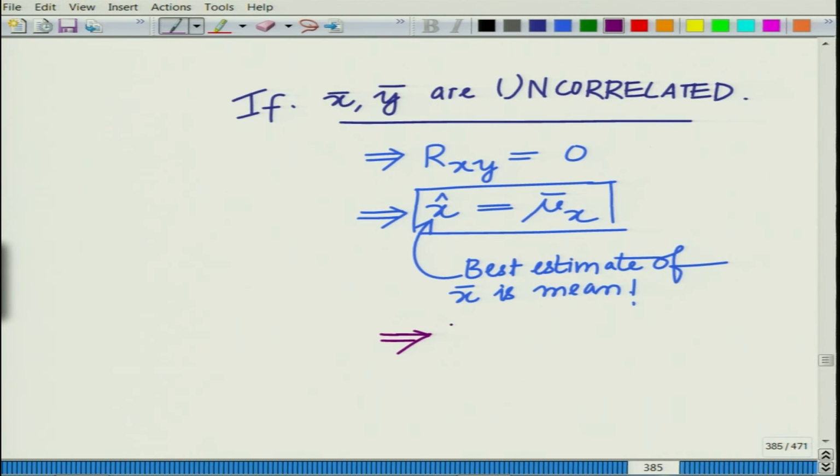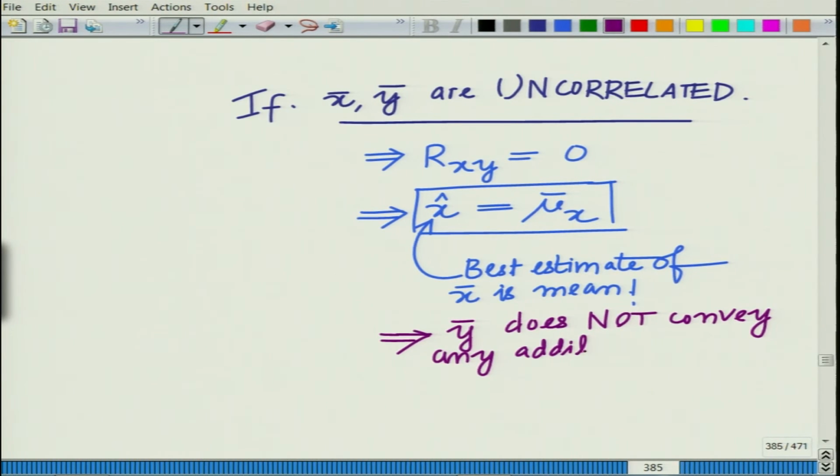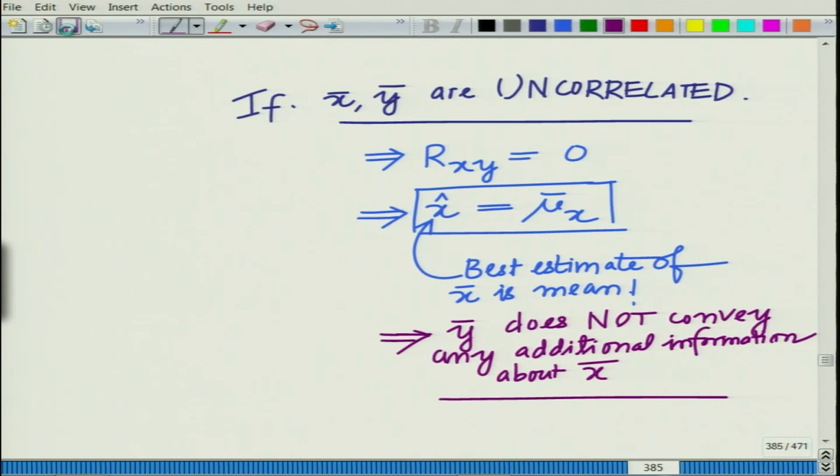So, having observed y bar, your knowledge about x bar, or your estimate of x bar, does not change, and the estimate of x bar is simply the mean, that is mu bar x, which you would have said anyway if there was no observation to begin with.